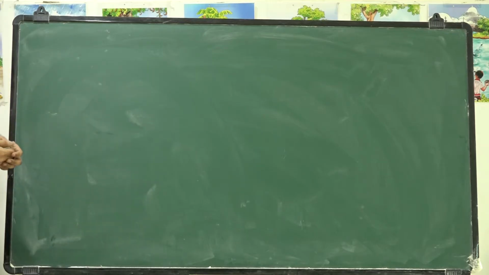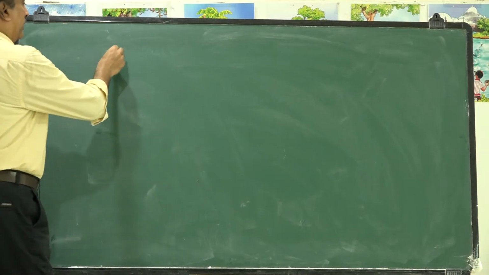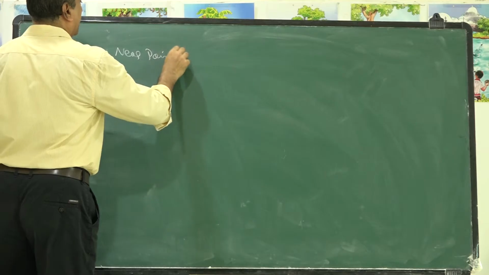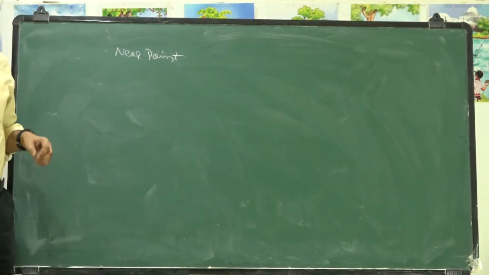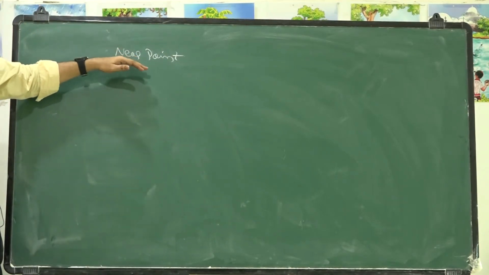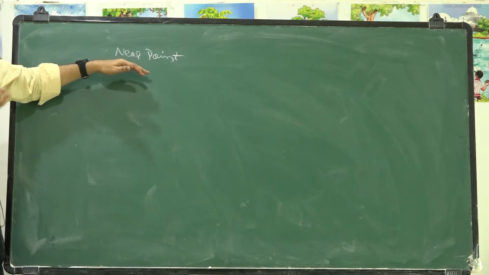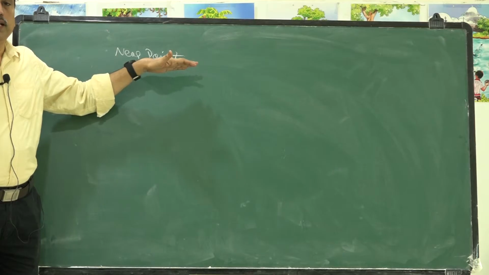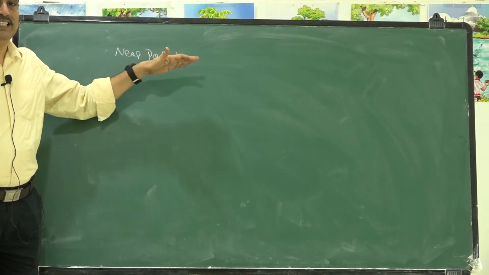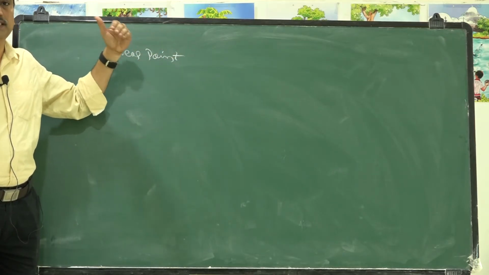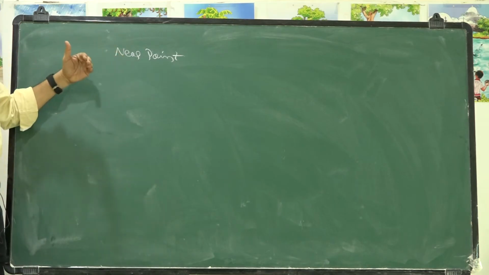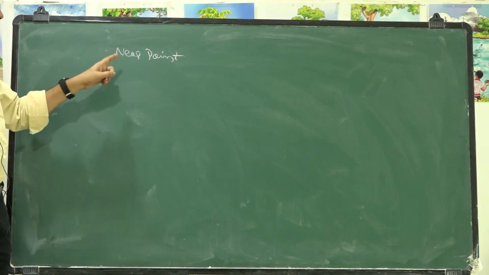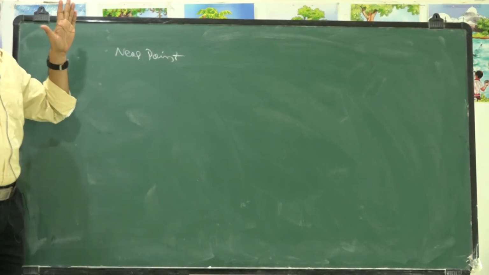The first one is the near point of the eye. The near point of the eye is the minimum distance from our eye at which we can observe an object distinctly and clearly, and that point is called the near point.